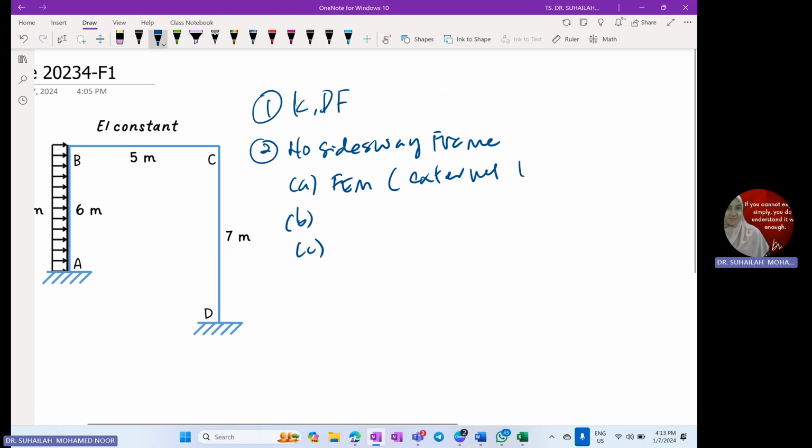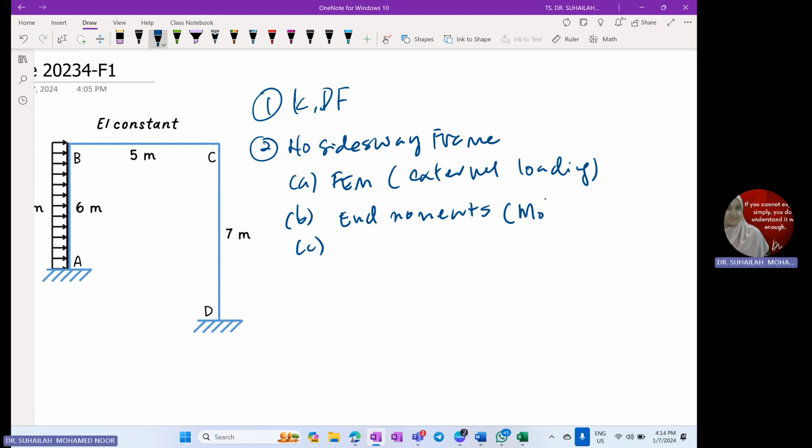B, from this FEM, we will calculate the end moment, and this end moment for the no side sway frame is labeled as M0. After that we have to calculate the restraining force, and this is R. This is step number 2.